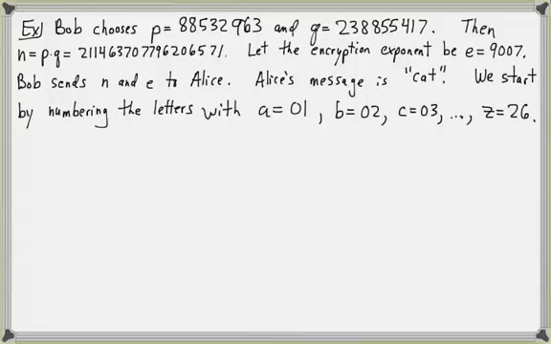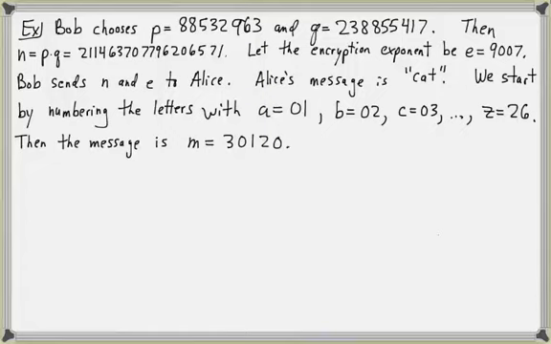So in this system, then the message is M, which is going to equal 30120. So that's how she would encode the word cat.